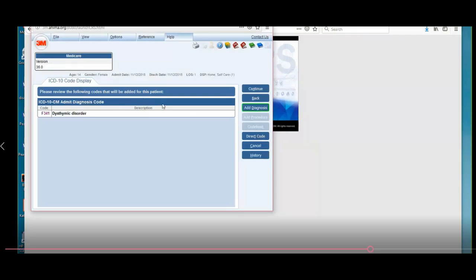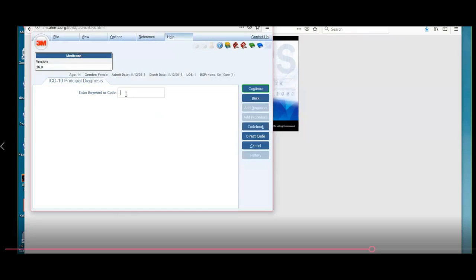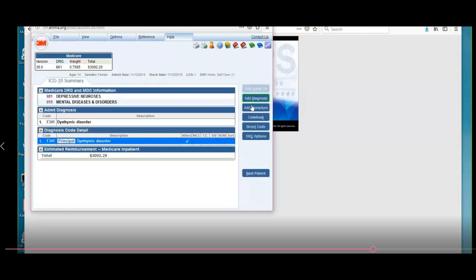So admitting diagnosis is really just a placeholder in 3M. It doesn't calculate our reimbursement, our MS-DRG. So I'm just going to put the same code for our principal. So I'm going to hit add diagnosis, and it's F34.1. If you look up the code in your coding book first, you can just come to 3M and enter the code like I just did and hit OK, and it'll bring up the code and the description.